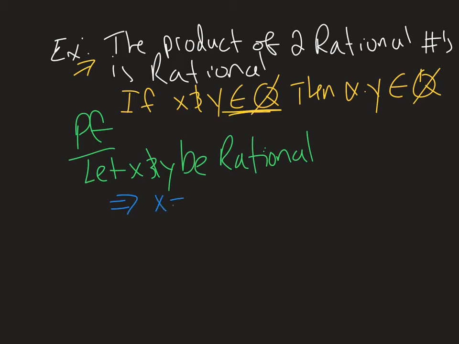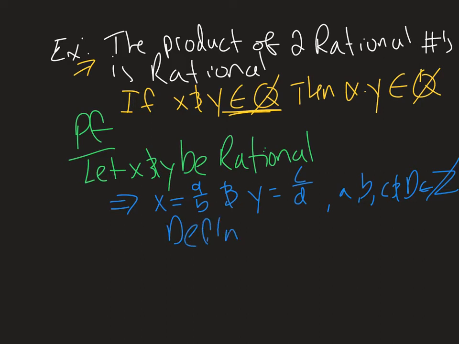So x can equal a over b, and y can equal some c over d, where a, b, c, and d are all members of the integers. They're whole numbers or negatives of whole numbers. That's what it means to be rational. So I could say this by definition of rational. That's a cold hard fact.